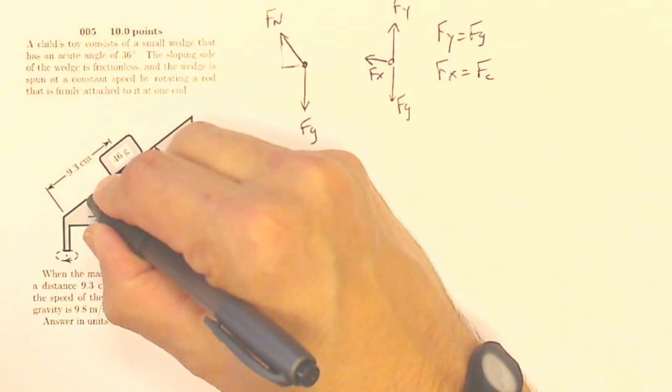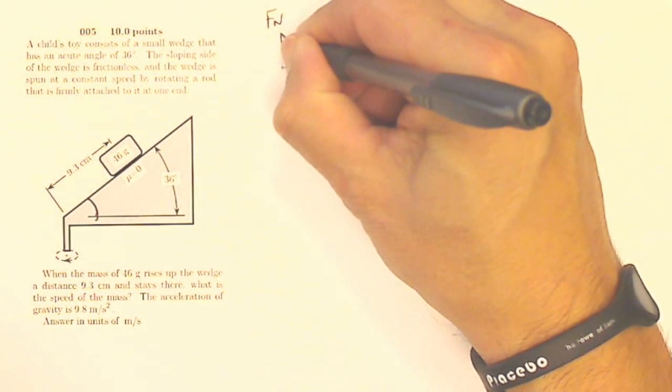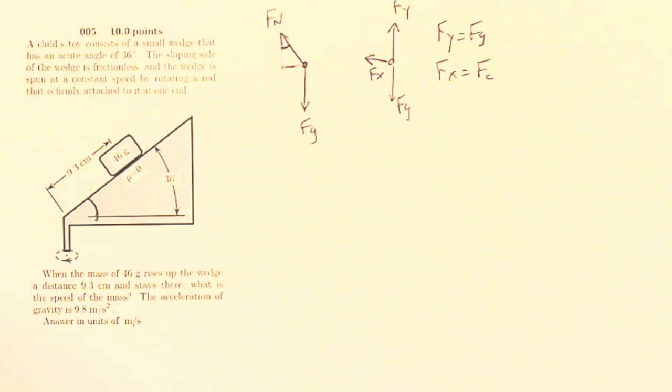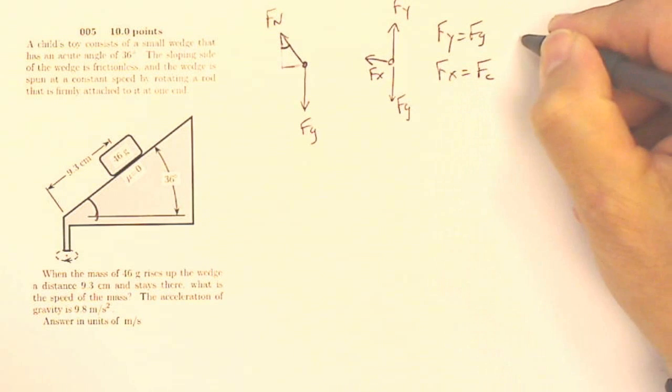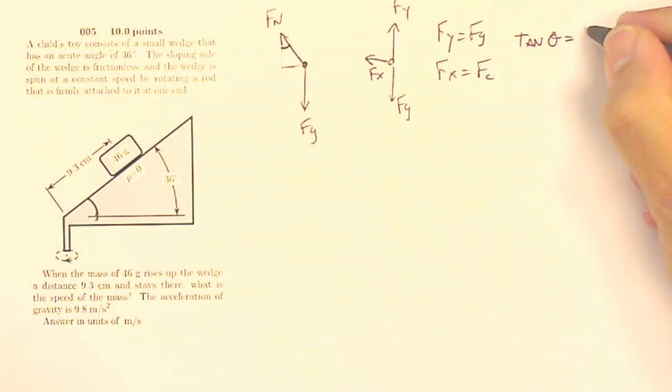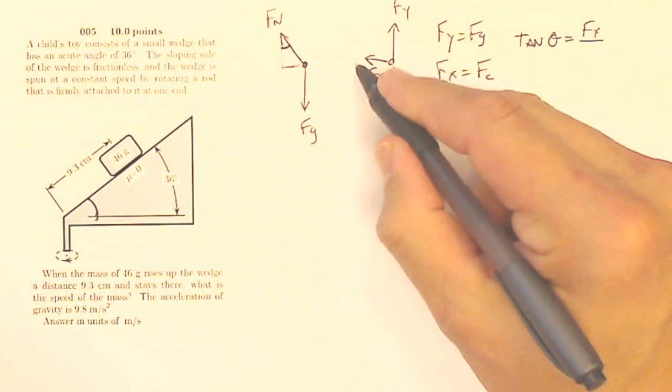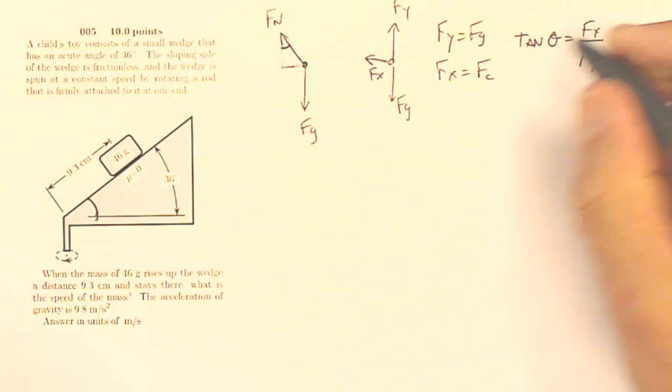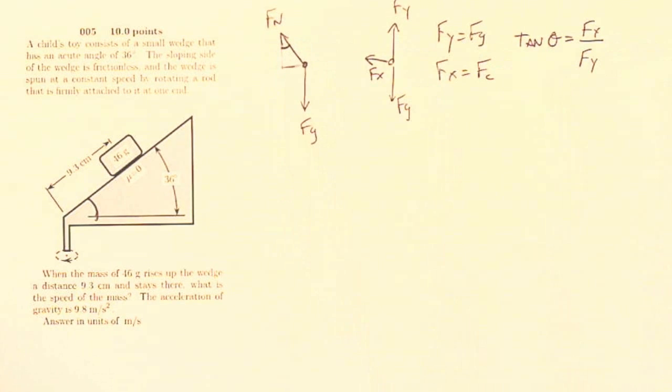So as this angle got smaller, this angle would get smaller. So that must be my theta right there. So I know that the tangent of that angle is going to be my force x over my force y. It's going to be my opposite over my adjacent.